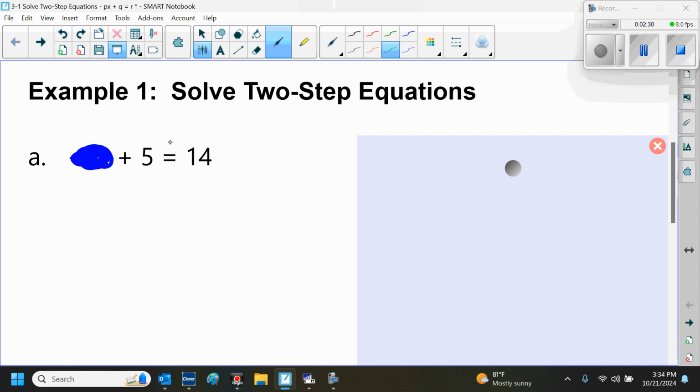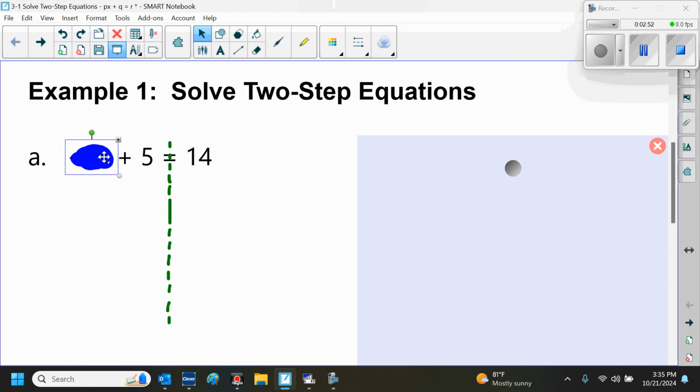Now, I'm going to draw this line here. Now, we want that blue dot on the left-hand side of that green line by itself. Is everybody with me? What do I need to get rid of in order to make that happen? The 5. Very good. Now, because that is a positive 5, how do I get rid of it?